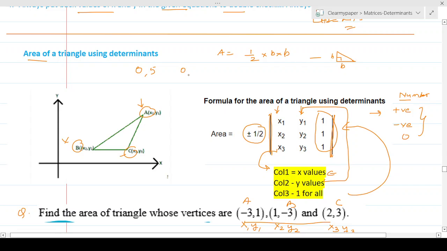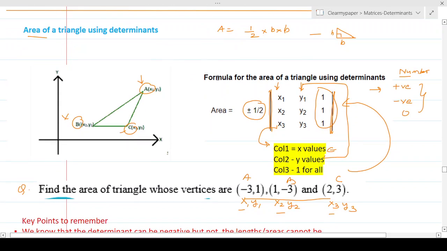Similarly, area can be 0 or 5 square units, but area cannot be negative. The geometry cannot be negative because you're measuring something and you cannot measure it negatively. In terms of numericals you can do that, but in terms of area and length you cannot have a negative value. And that's where this plus or minus half comes into play.